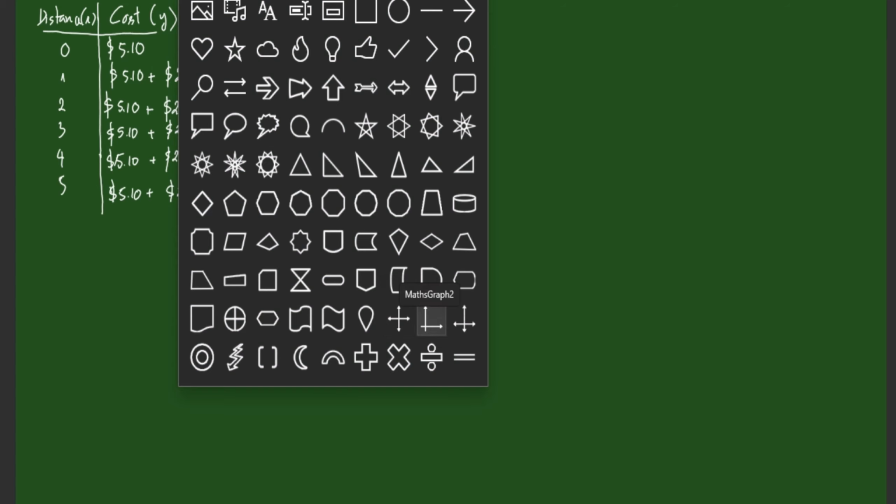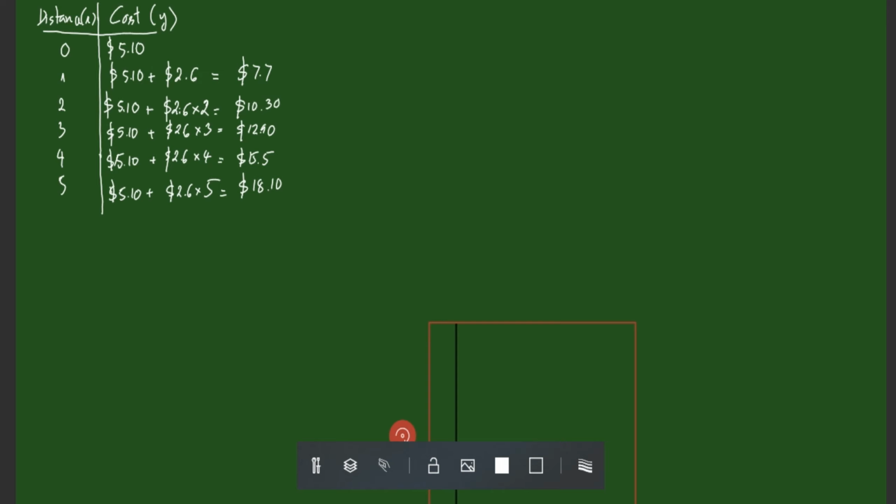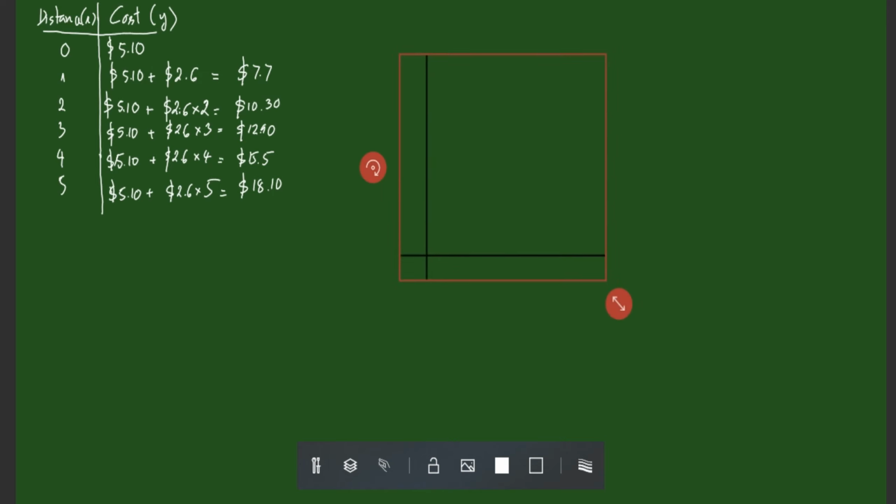Because you don't need negative values, I can have a coordinate like that. There you go. And you see that on this coordinate there's no increment, there's no value on it, but we can put the values on easily.